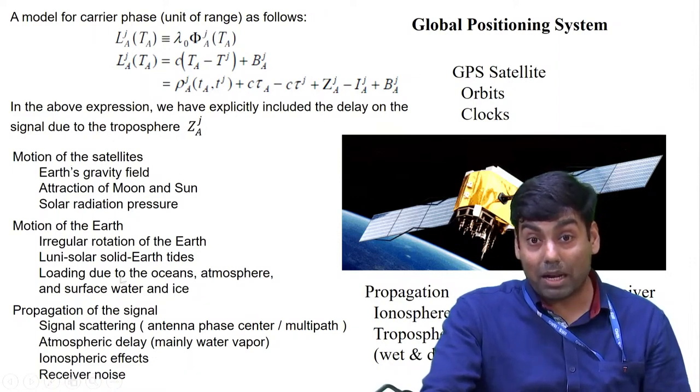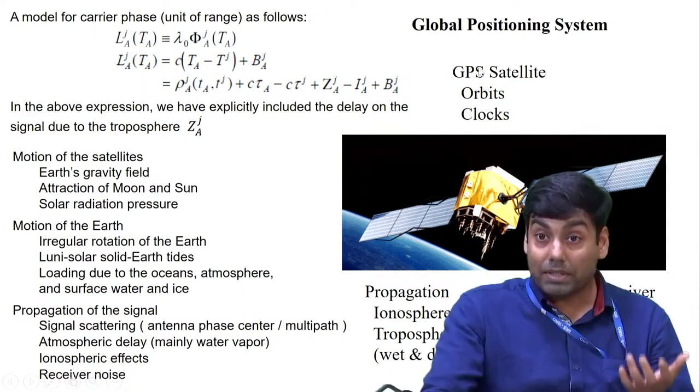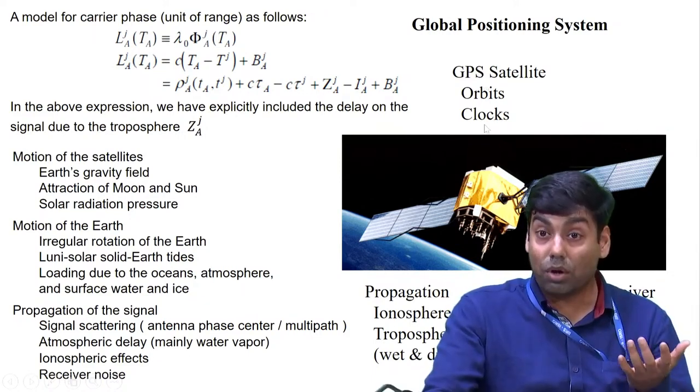So there are so many parameters contributing. Apart from that you should have the propagation information, ionosphere, troposphere. The troposphere has two components, wet component and dry component. And you should have the GPS receiver information like clock information, multipath information, antenna phase center variation. Then for GPS satellites, you should have the orbit information and clock information.